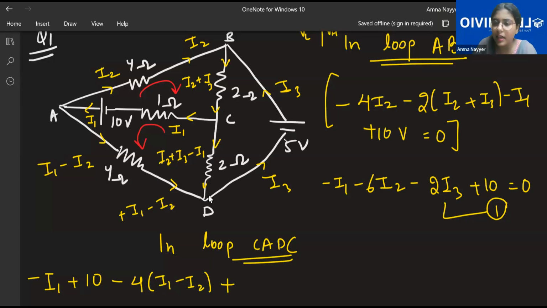This is the first time we are getting the opposite direction, so it will be plus. What's the current? I2 plus I3 minus I1. What's the resistance? 2. So this will be 2 times (I2 plus I3 minus I1). We have completed the loop. All the voltages are written, so this is equal to 0 in this loop.